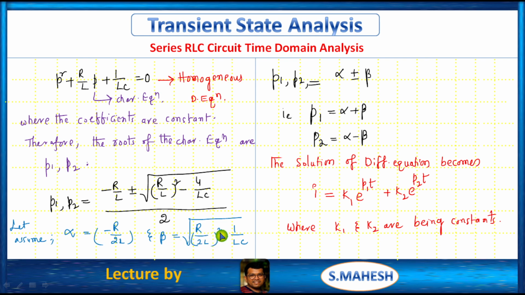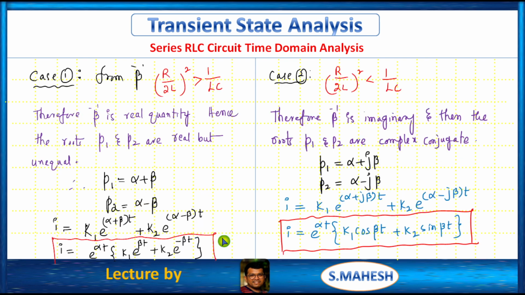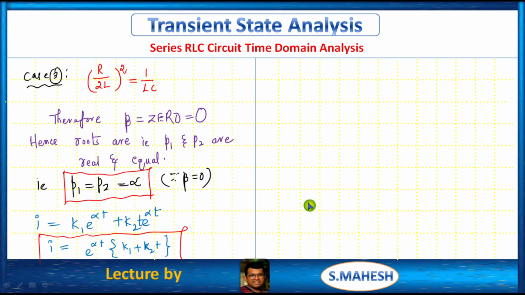If R by 2L whole square is equal to 1 by LC, that is one case. If R by 2L whole square is greater than 1 by LC, that is another case. If R by 2L whole square is less than 1 by LC, that is another case. For these different cases, we have different responses. That's all for series RLC circuit time domain analysis.